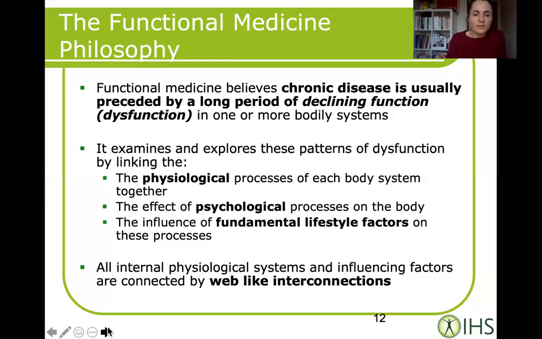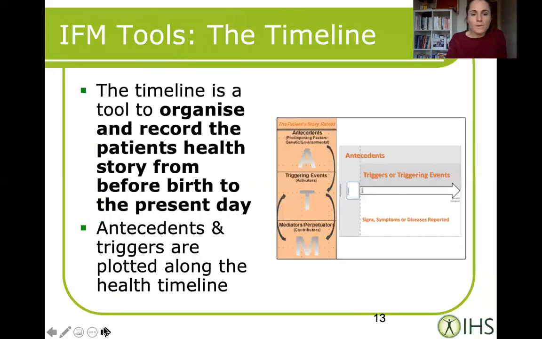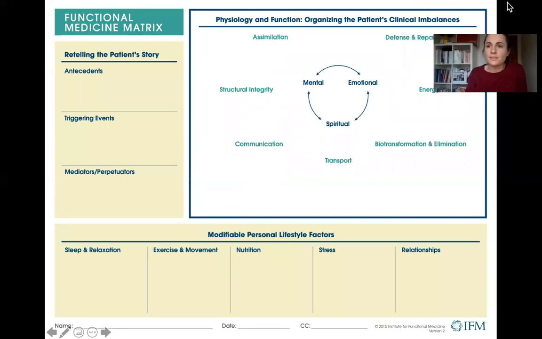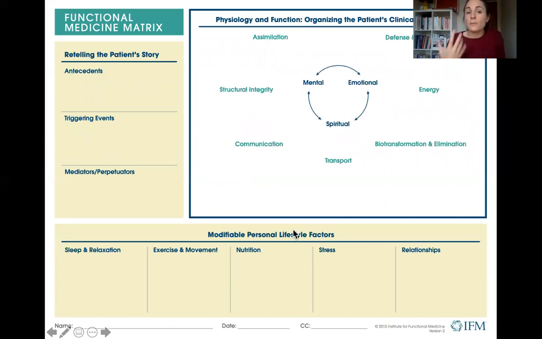So I'll show you here. I'm going to jump just for one second. By the time you leave this course, you'll be so familiar with this document. This is called the matrix, and this is how functional medicine works.